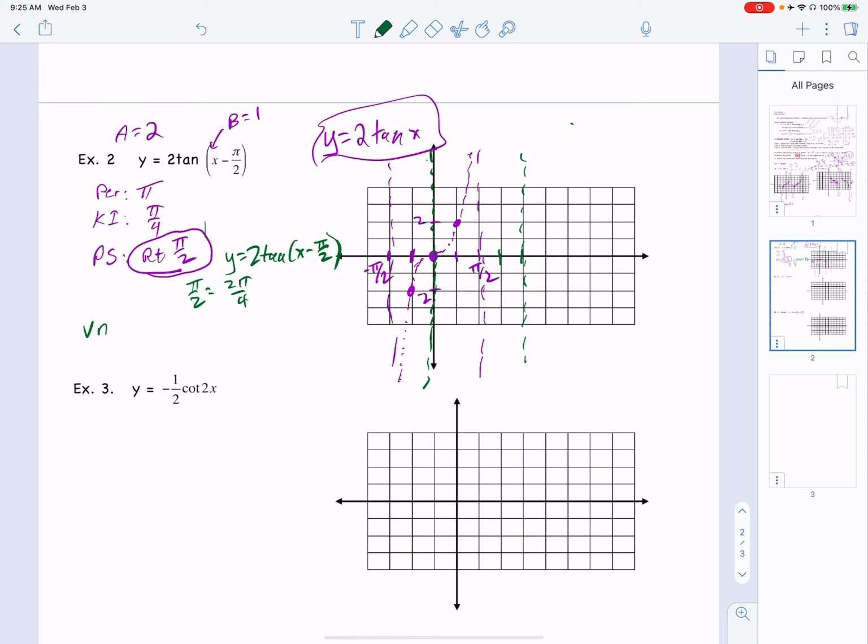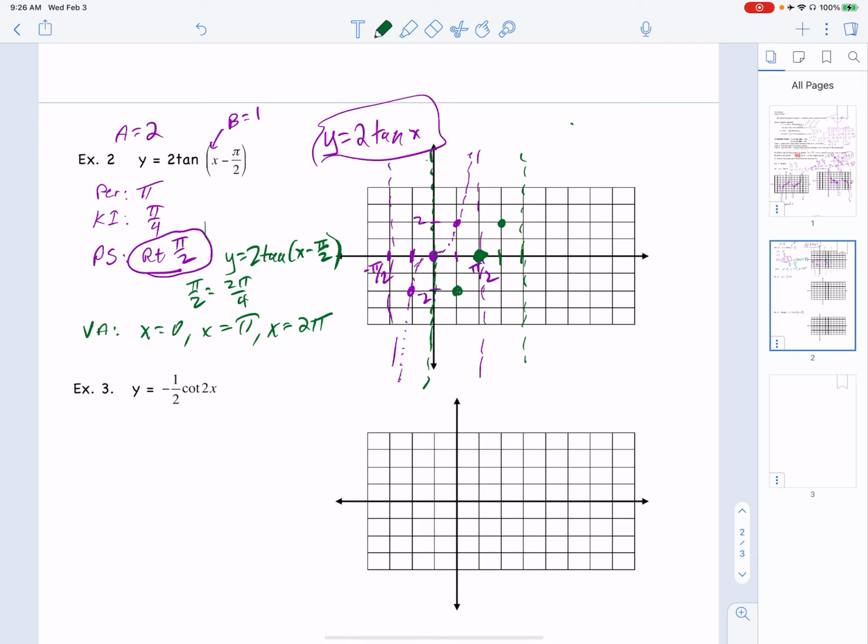So my vertical asymptotes, x equals 0, x equals pi. The next one's going to be at x equals 2 pi if I go for 2 periods, because there wasn't a change in the period, still pi. And right in the middle of those two asymptotes is 0, 0. And so then to the right, I'm going to be up at 2, if I go to the right a key increment.